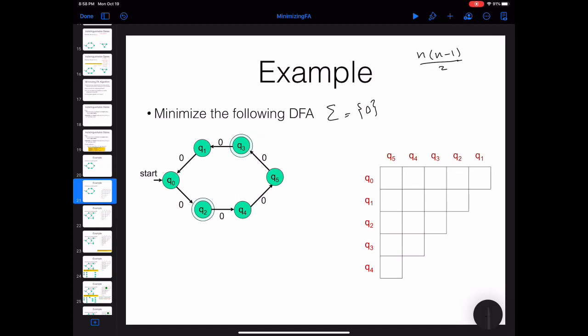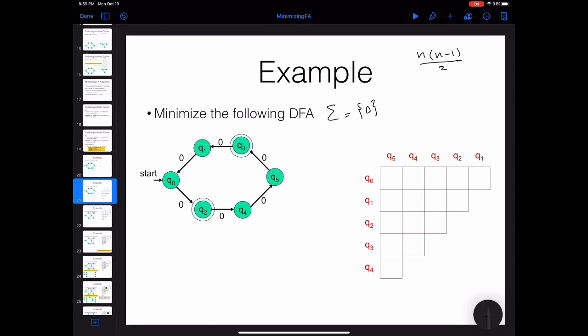As you can see, I'm not showing another column for Q0 and Q0, since they are the same. It doesn't really matter how you show this table. I am just deleting the cells corresponding to pairs that we are not interested in. We don't want to check them. This covers all the possible cases that we care about.